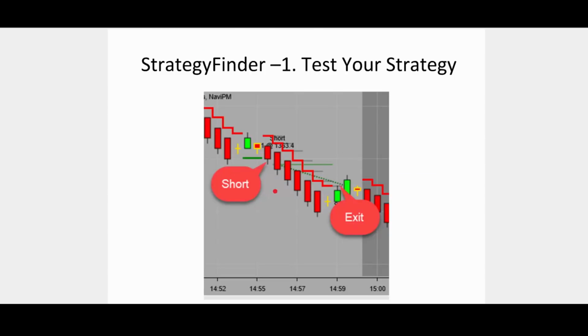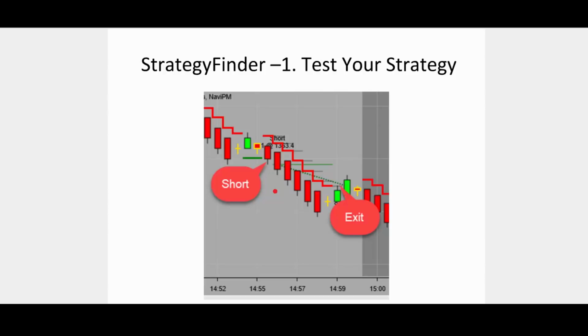And then, of course, a really neat thing that you can do with the Strategy Finder, once you've developed a strategy, you can actually run it under real-time conditions, and you can apply it to a chart. You can run it in the Chart Trader in NinjaTrader.